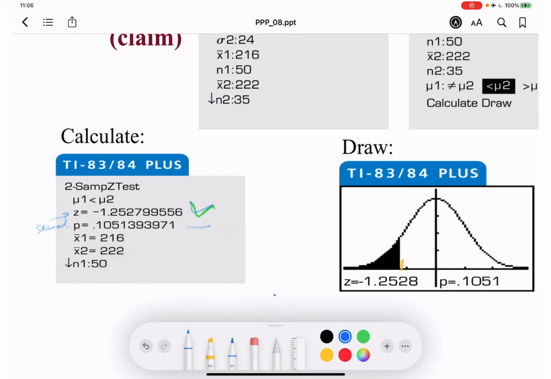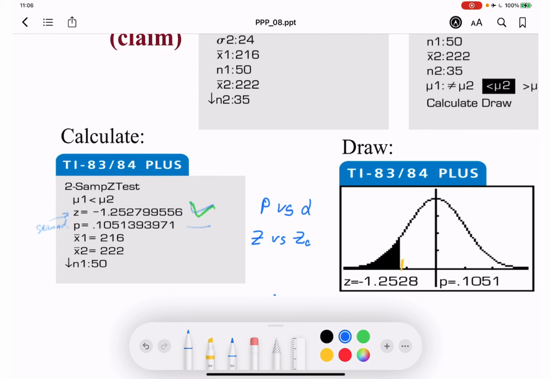To draw a conclusion, we can either compare the p-value to alpha 0.01, or we take our standardized test statistic z-score and compare it to z critical, either or, right?